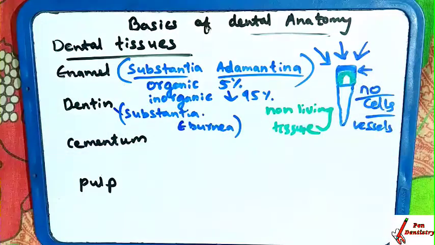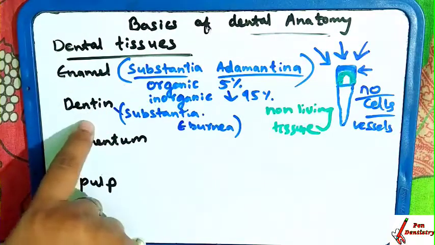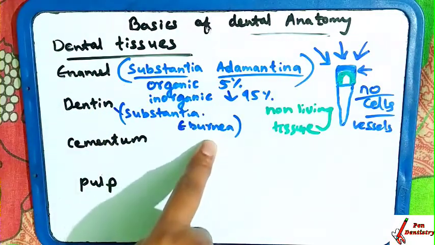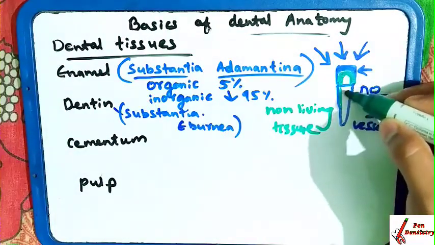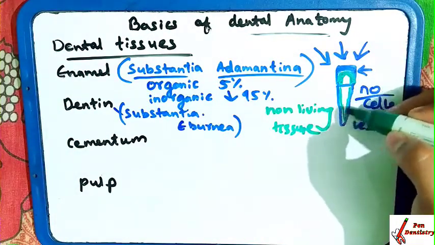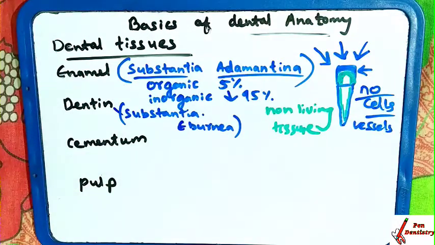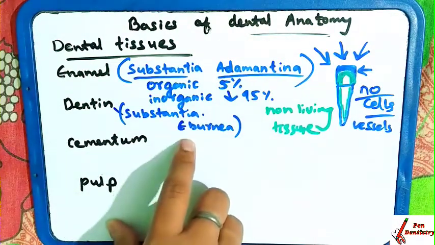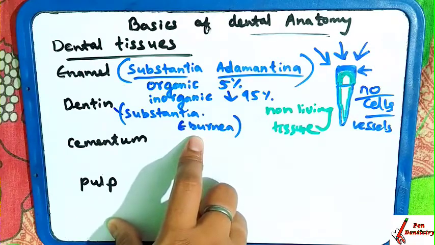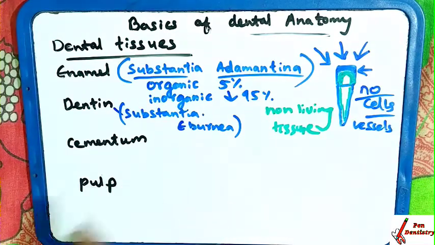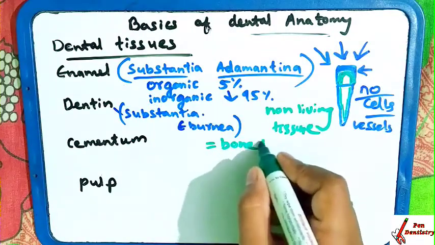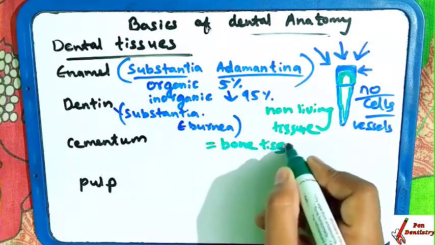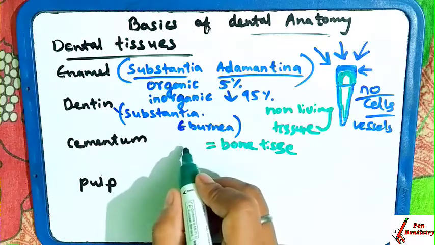It forms the bulk of the crown and root of the tooth, so it is also present in the roots. Dentine has a hardness similar to bone tissue. The hardness of the dentine is equal to the bone tissue.